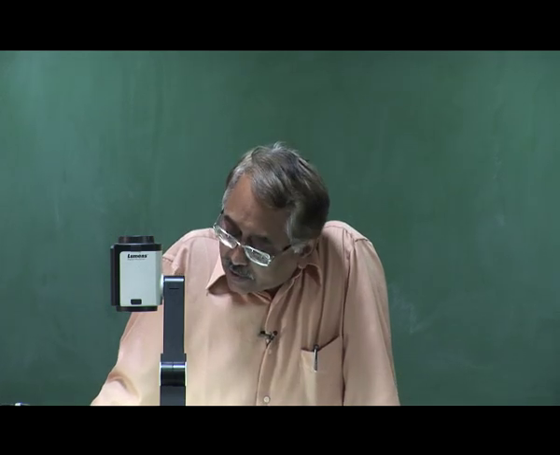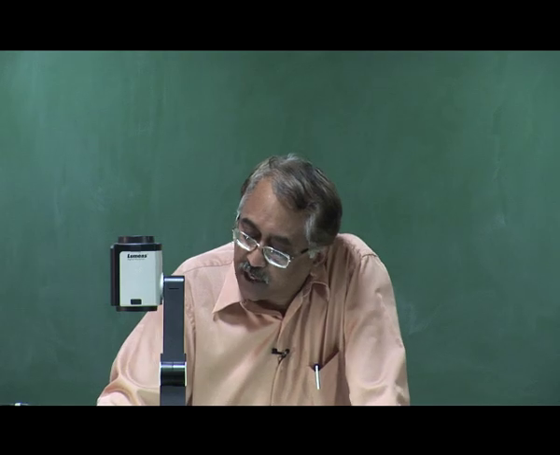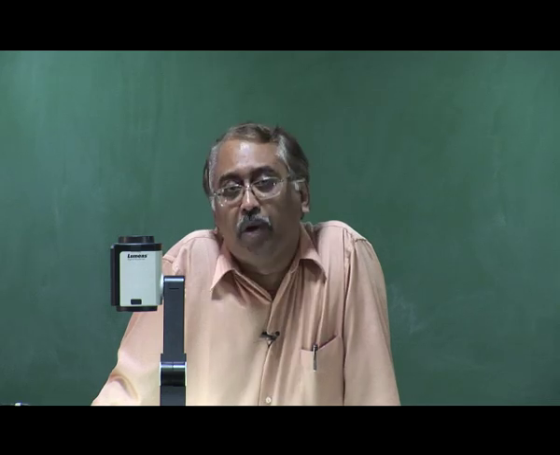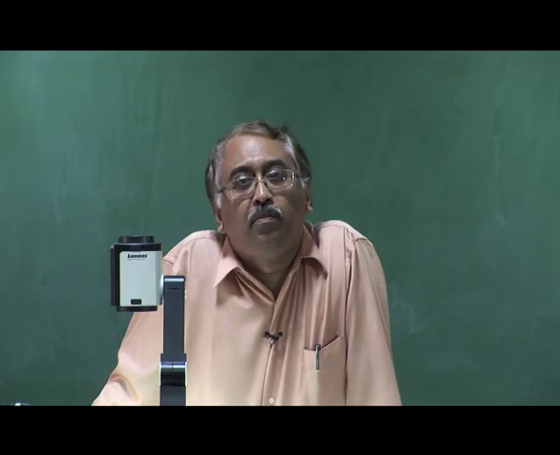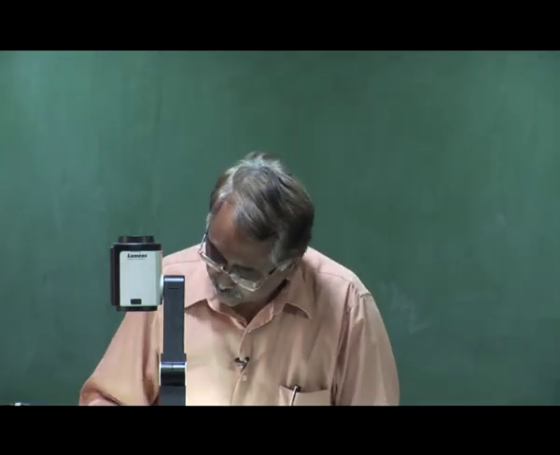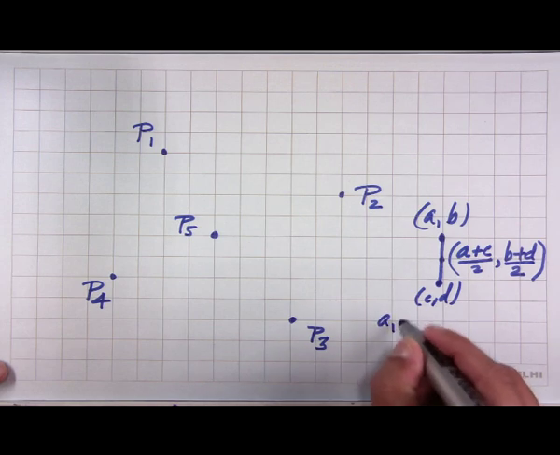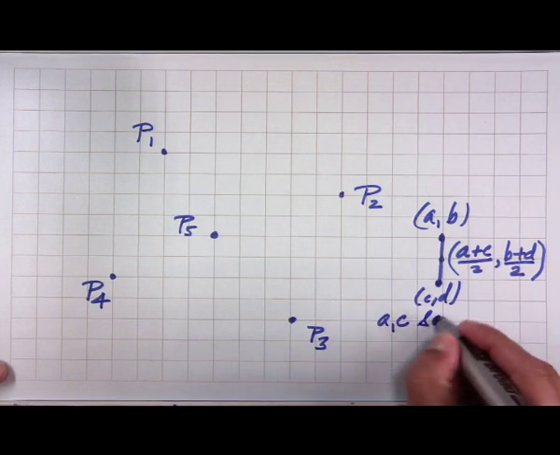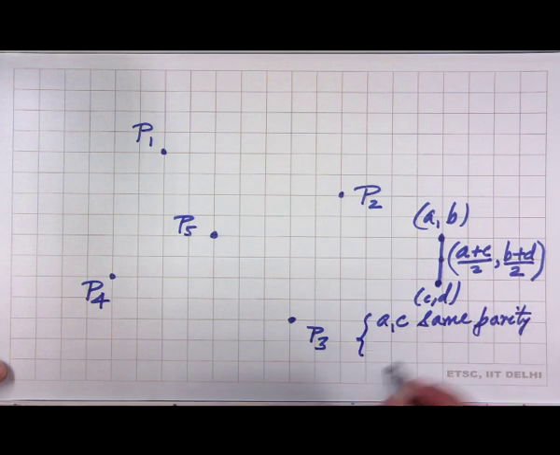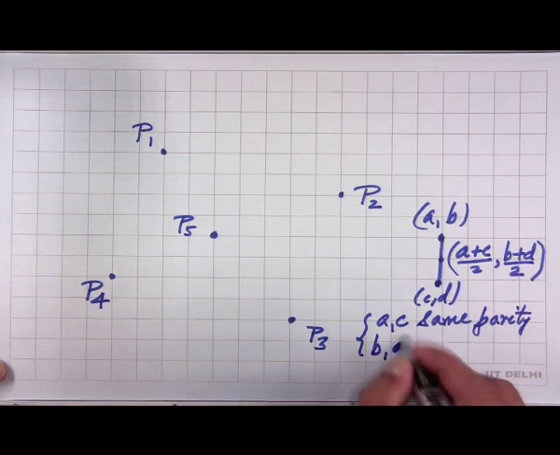So working backwards, I am trying to figure out if it is possible to get a pair of lattice points, (a, b) and (c, d), so that both a and c have the same parity. So let me just write it out here. A and c have the same parity, and at the same time, b and d have the same parity.